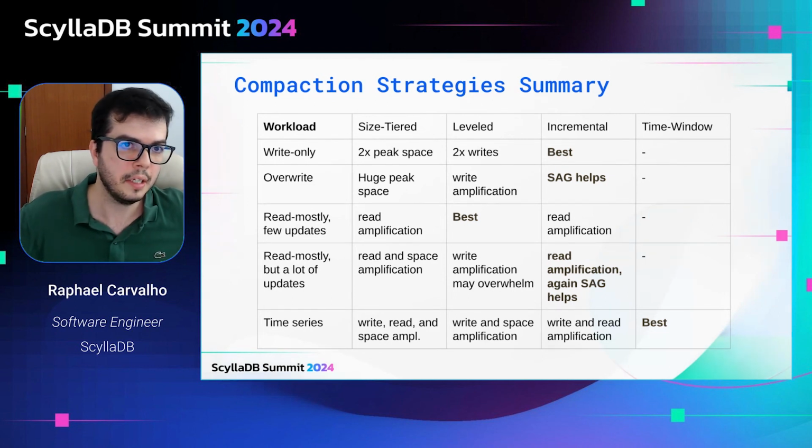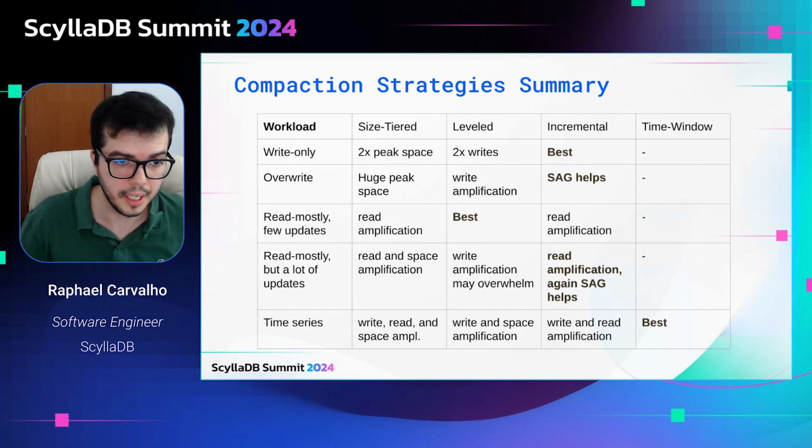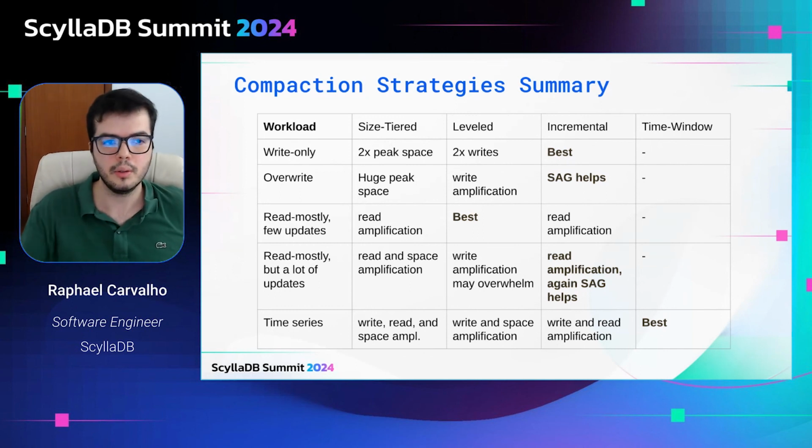So we actually think that it replaced leveled and size tiered in most cases, especially when you have lots of updates. So you can still ingest lots of data, and SAG kicks in to remove the redundant data. But for time series, time window strategy is still the best. So you should go with it.